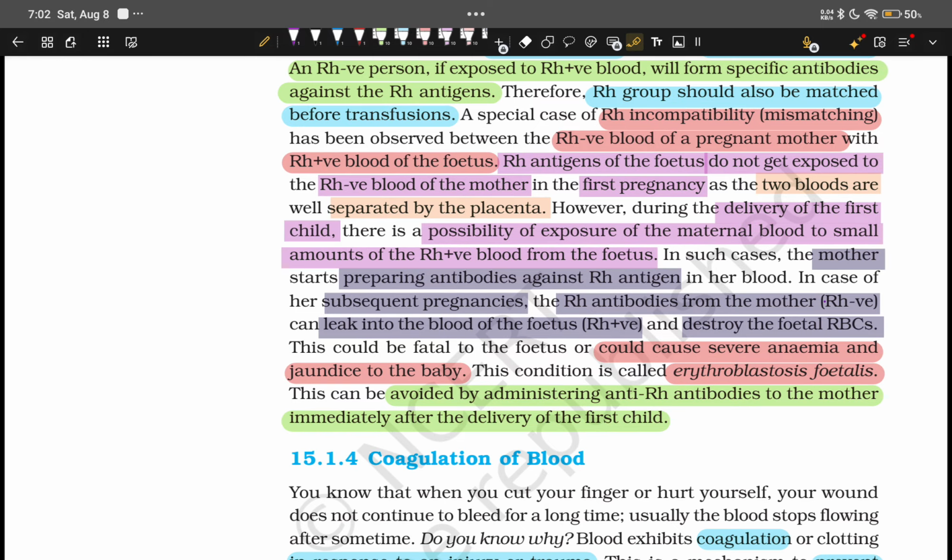Now, this condition can be avoided by administering anti-Rh antibody to the mother immediately after delivery of the first child.